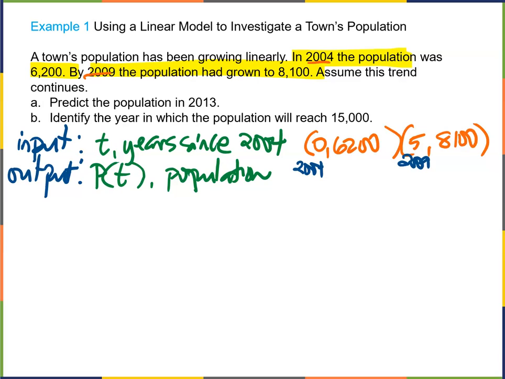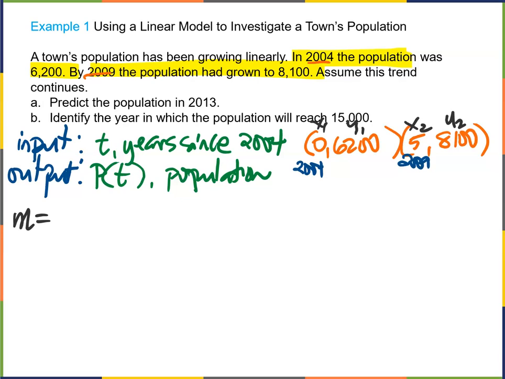Now you have the coordinate pairs. We will be able to solve for the slope. So these are your x1, y1, x2, y2.